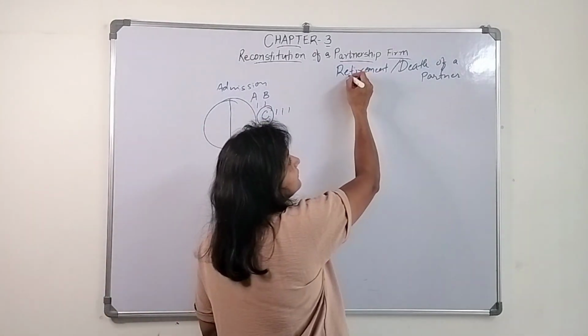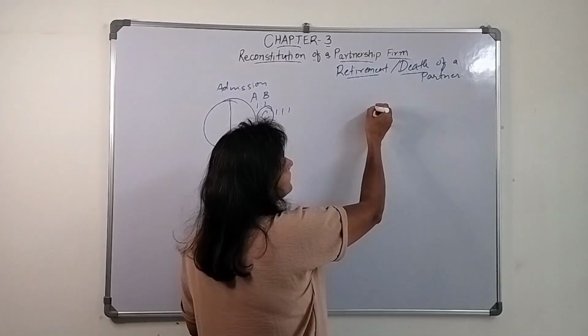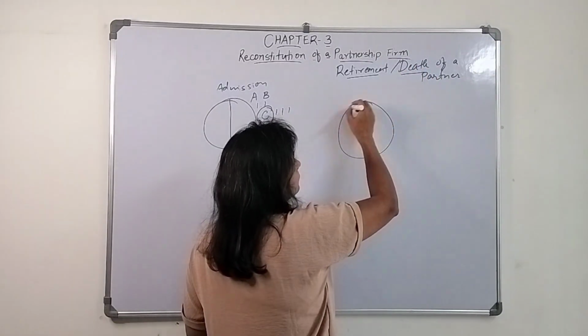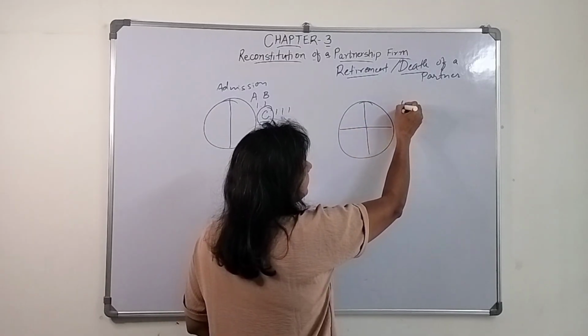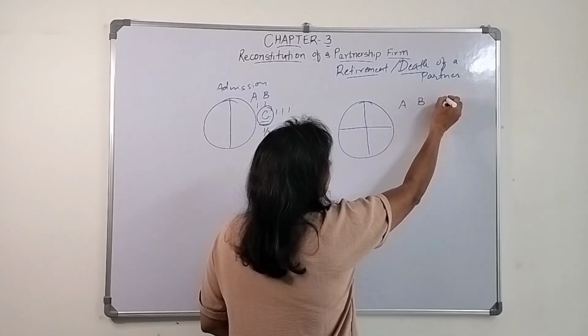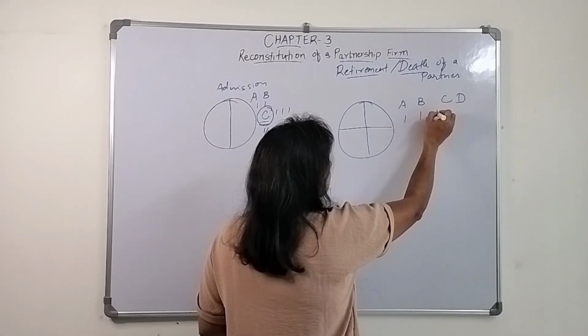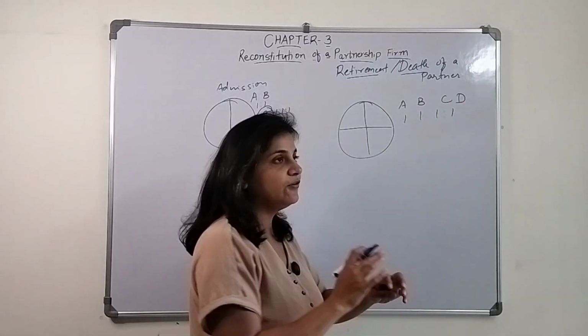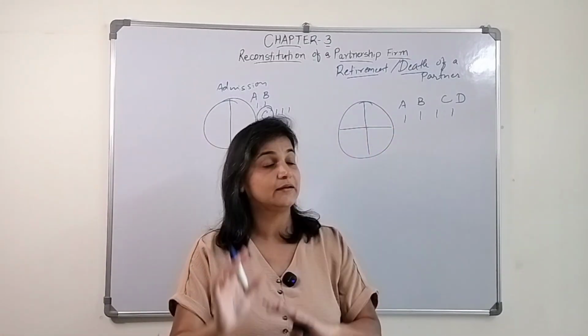Similarly, when there is a retirement or death of a partner, let's say this is a piece of cake which was being shared equally by four partners, A, B, C and D, in the ratio 1:1:1:1. So every partner used to get 1/4 of the cake.